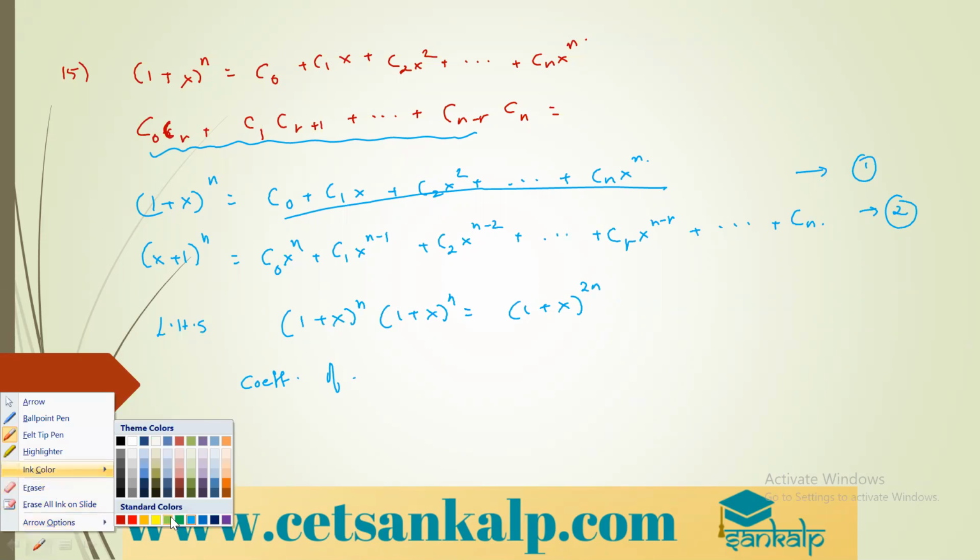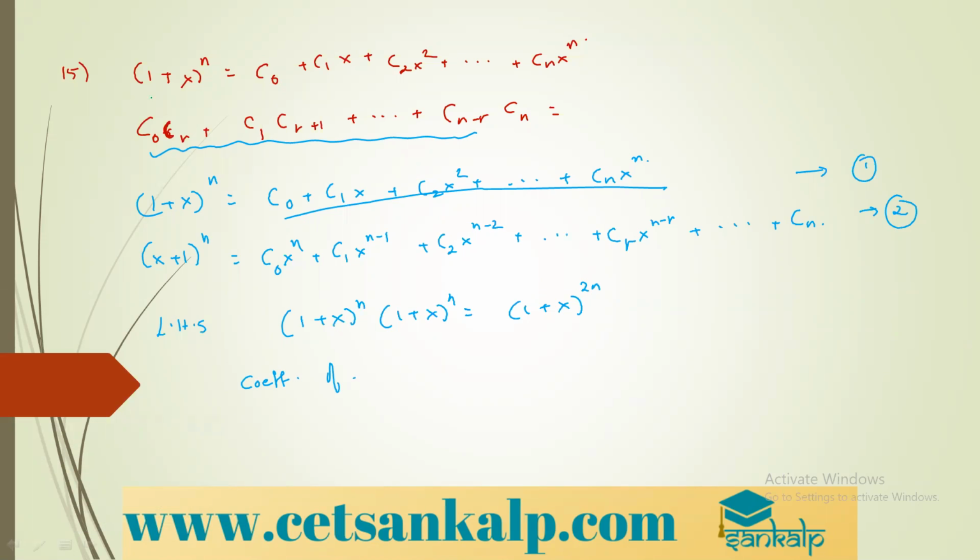You can't take whatever we like, as you have seen. So if you multiply C0 and Cr, you get C0 Cr x power n minus r.